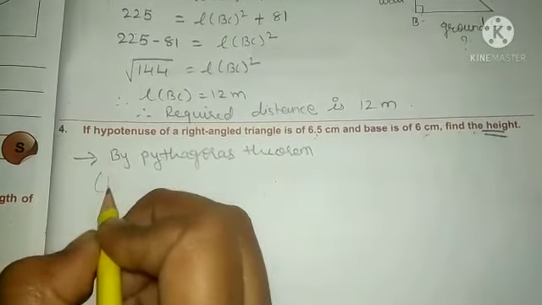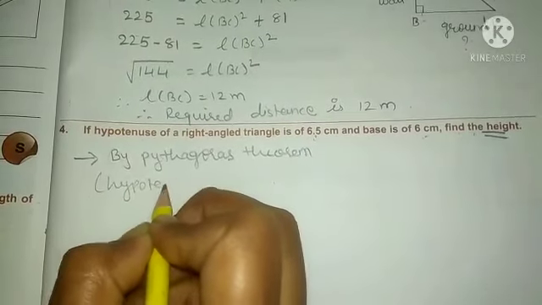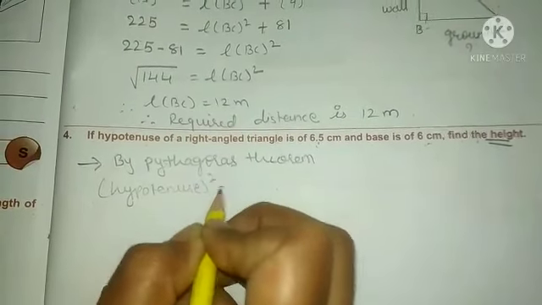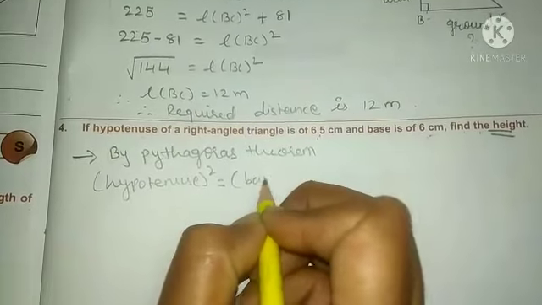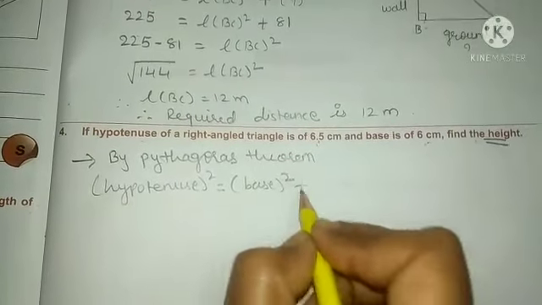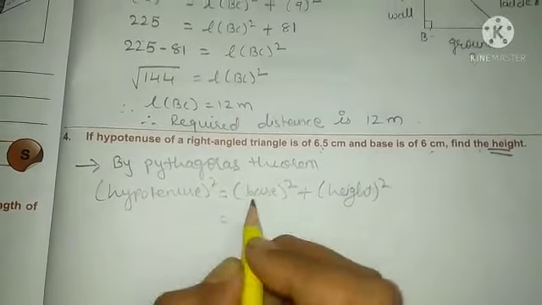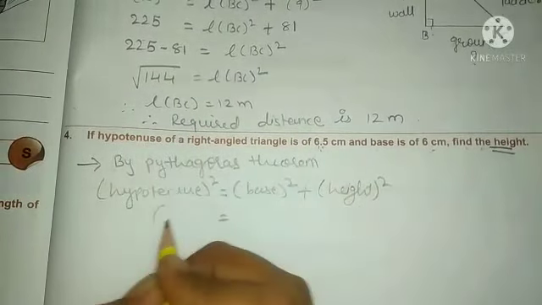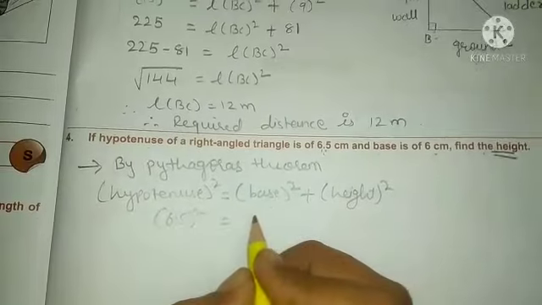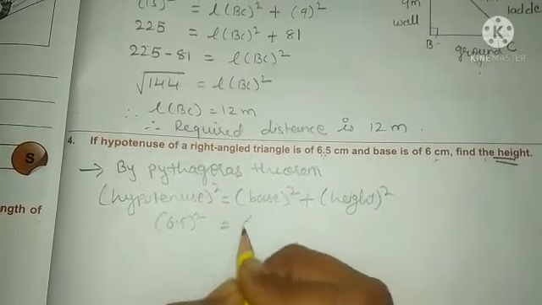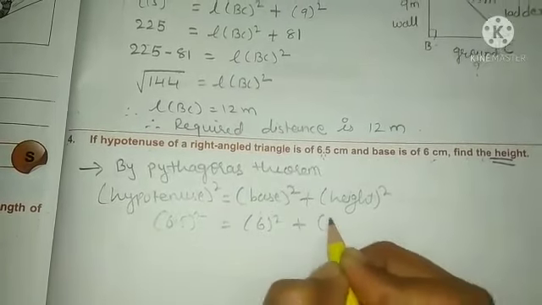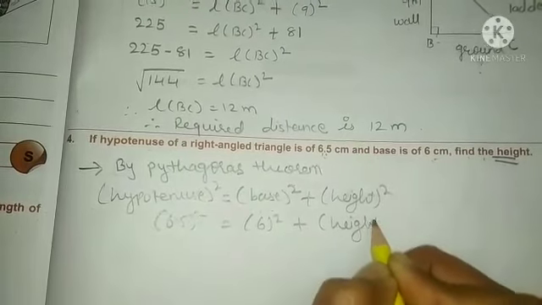So what will be your formula? That is hypotenuse square is equal to base square plus height square. Now here our hypotenuse is given, that is 6.5 square. Base is given, that is 6, and height is not given, so we will write height as it is.